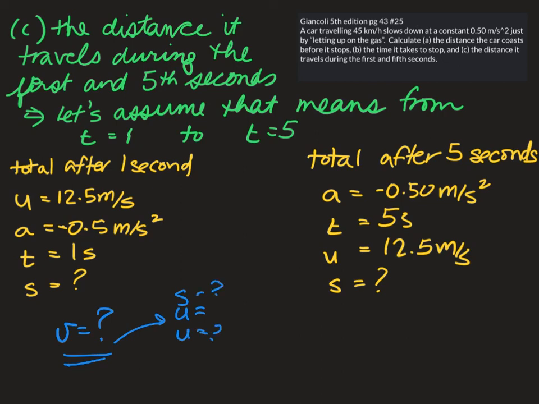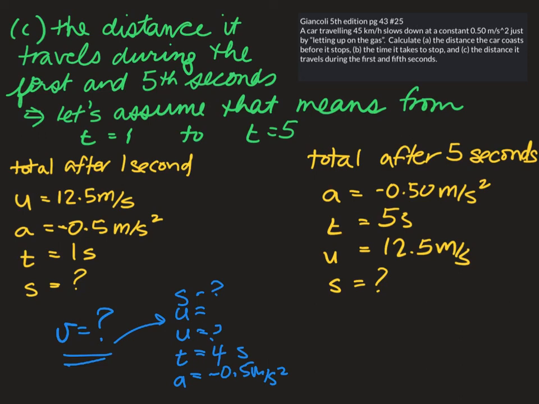I'm looking for this. I would know that my time in this case would be 4 seconds, and I would have my acceleration -5 meters per second squared. So I'd have to calculate what was the speed it was going after 1 second, put it in this equation, and then say that was my new initial speed. How far does it go in the next 4 seconds? Either way works.